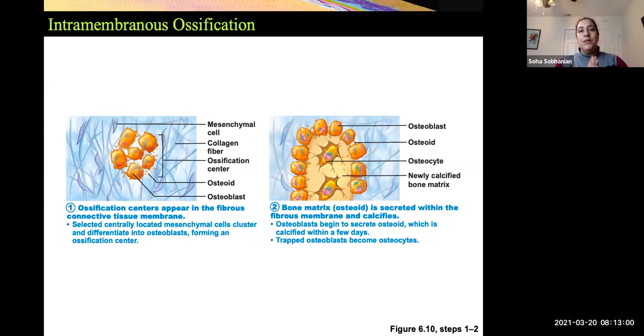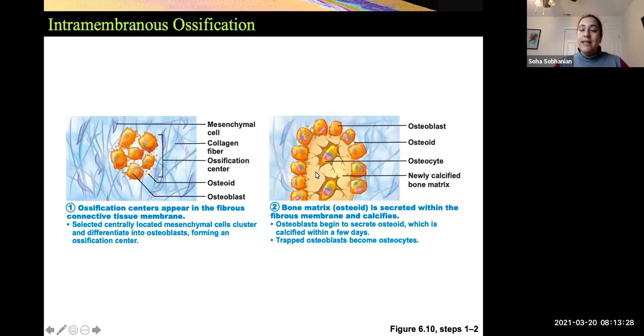Now, one thing you notice about this picture is the following. You have some of these cells that are trapped inside, like these two that you see right here. And then you have cells that are surrounding the bony tissue that's being formed. The ones that are still free, not trapped inside a space, remain as osteoblasts.